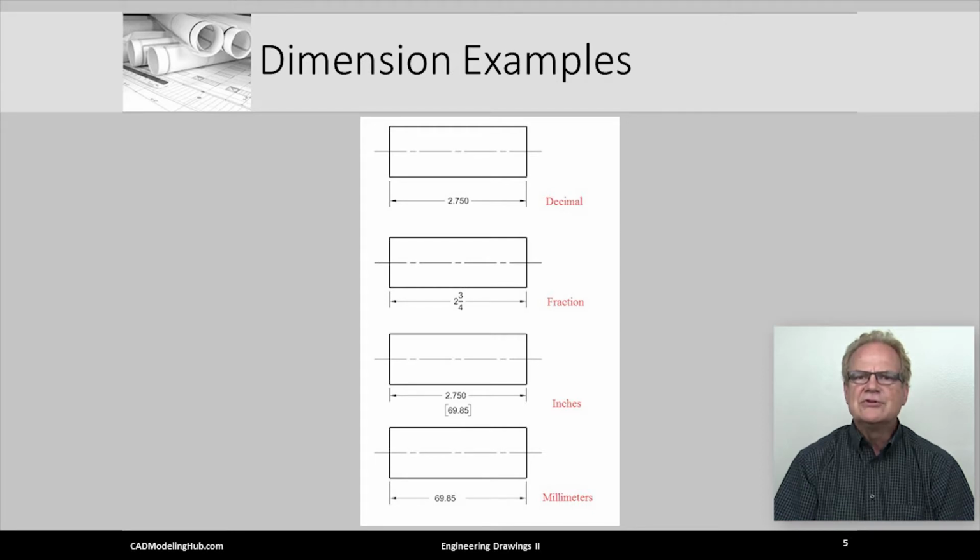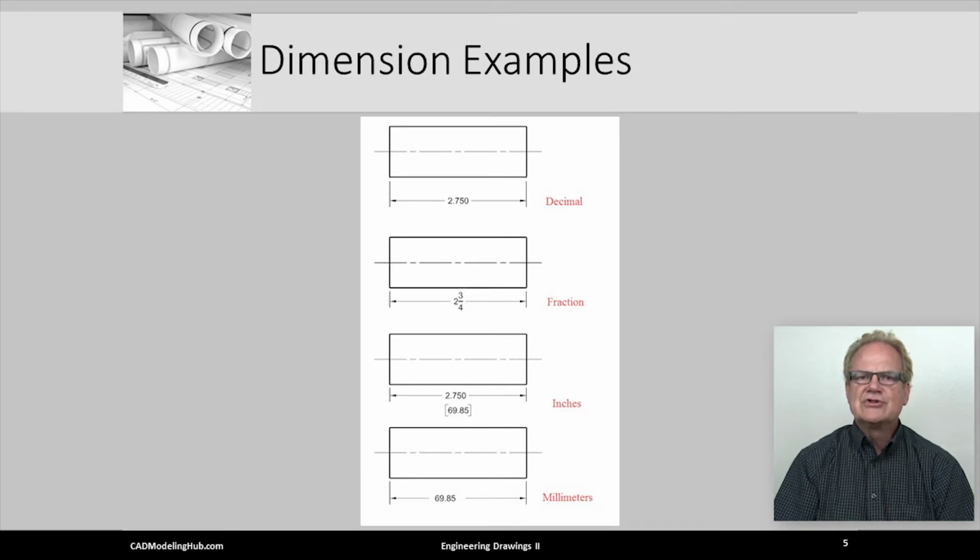How would dual dimensioning look if it were designed in a metric country but had some parts manufactured in the US? The correct answer is the exact metric value would be placed on top and an approximate inch value below inside parentheses, denoting a reference or approximate inch dimension.